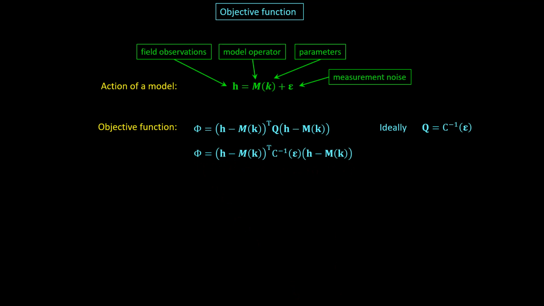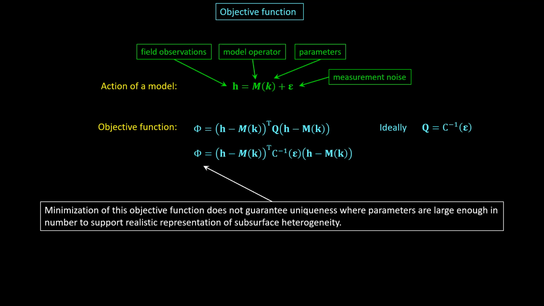Now, the smaller this objective function is, the better the fit. So, conceptually, I need to minimize this objective function to obtain a high level of model to measurement fit. The problem is, if I've got a lot of parameters, and I normally do when I'm calibrating a groundwater model, because I want to have enough parameters to provide a realistic representation of subsurface heterogeneity, minimization of that objective function will not give me uniqueness.